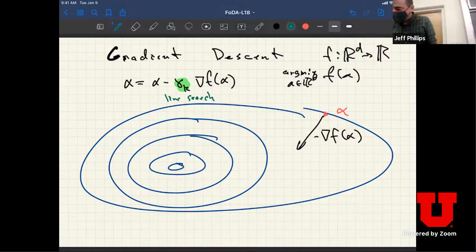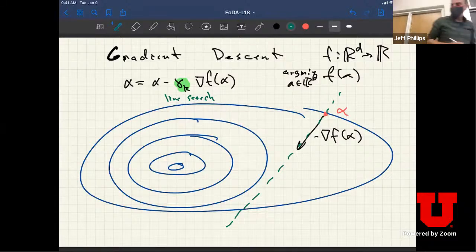This is the idea that once I've chosen this gradient direction, my algorithm, instead of moving in this d-dimensional space, is restricted to this one-dimensional line where it's moving, and I can just try and solve for the value of gamma which does best.